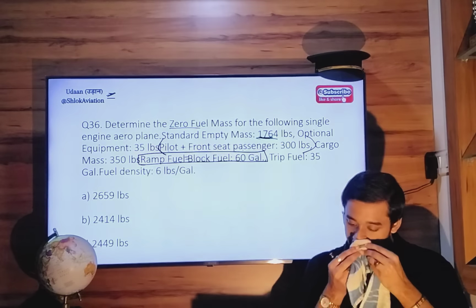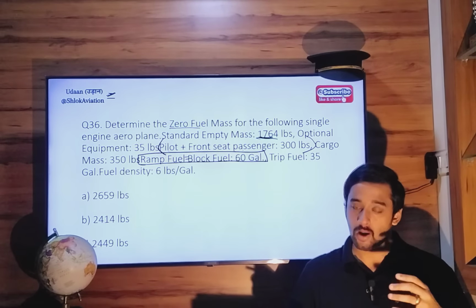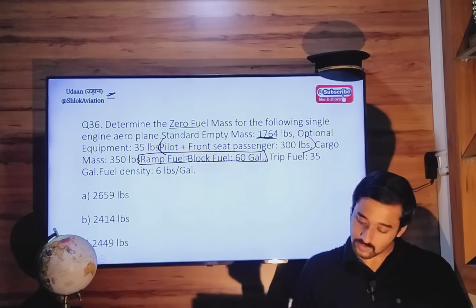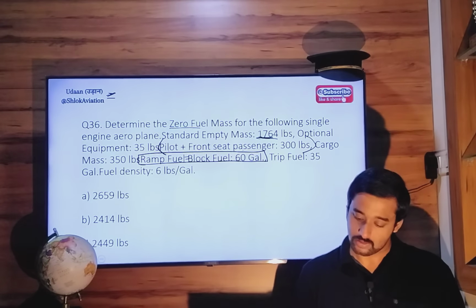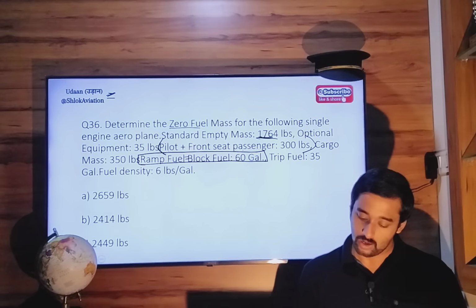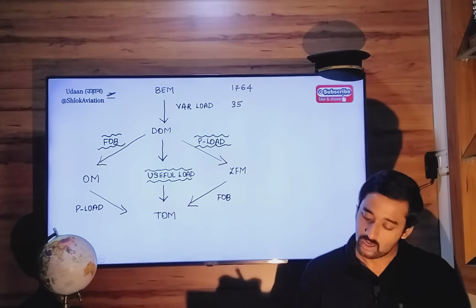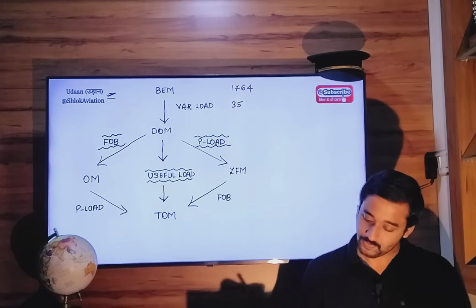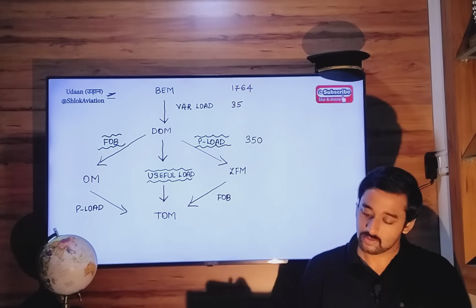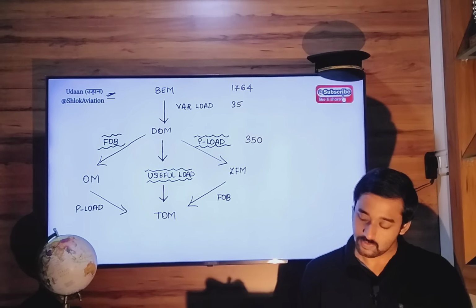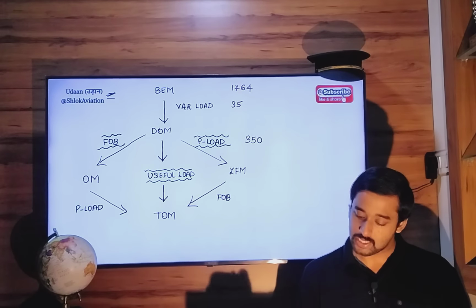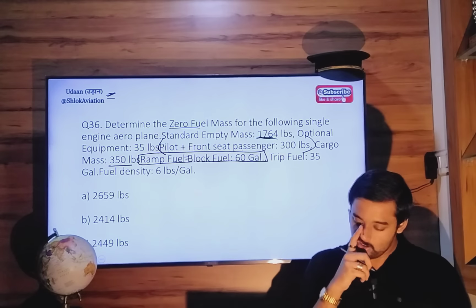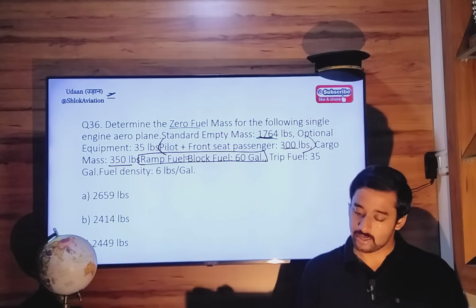So combining them, you get 300 pounds. And cargo is 350. And crew plus this is 300. Cargo, pilot plus front seat is 300.